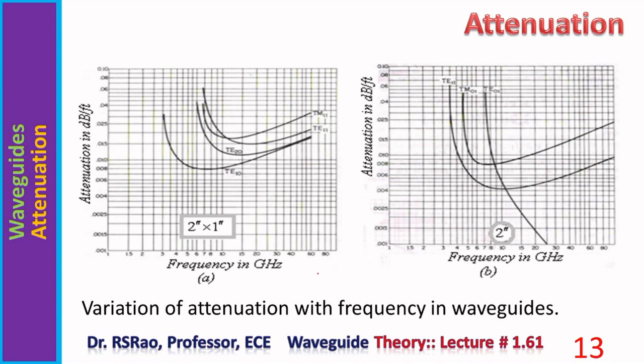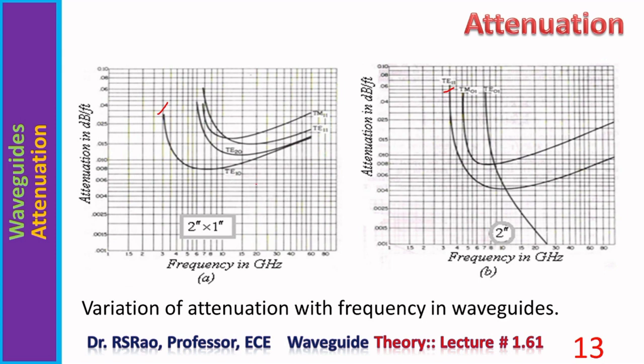In this diagram, the attenuation variation with frequency is shown. In A, rectangular waveguide, in B, circular waveguide, attenuation is portrayed for different modes: TE, TM11, TE11, TE20, TE10. TE10 means dominant mode. On the right hand side, you can find TE11, this is the dominant mode, and TM01, TE01 are also shown.